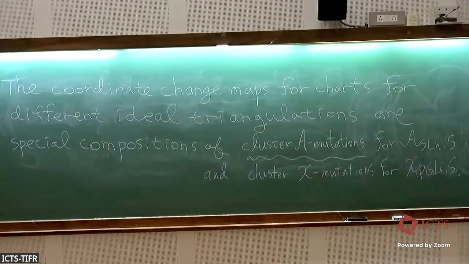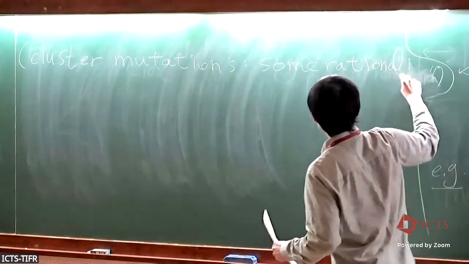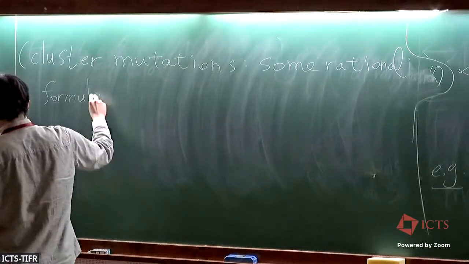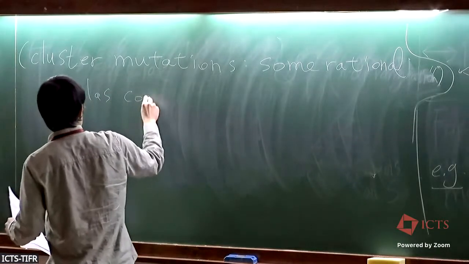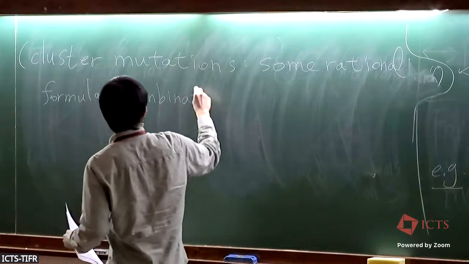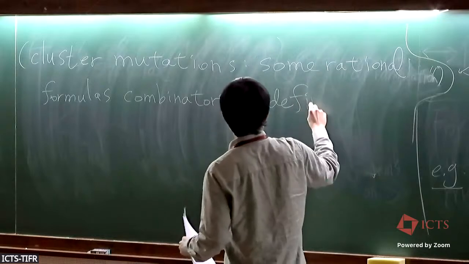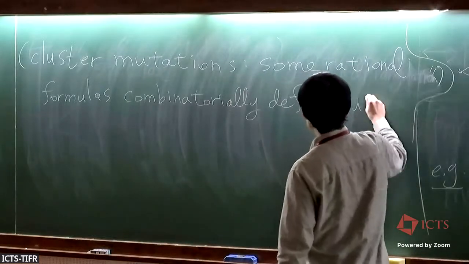So before writing their formulas, let me just say that these cluster mutations, you will be seeing soon, are some rational coordinate change formulas combinatorially defined using the data of quivers.